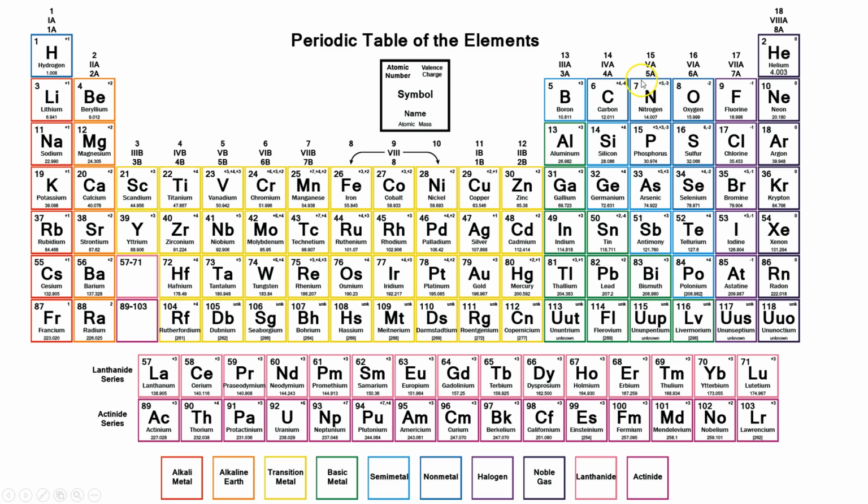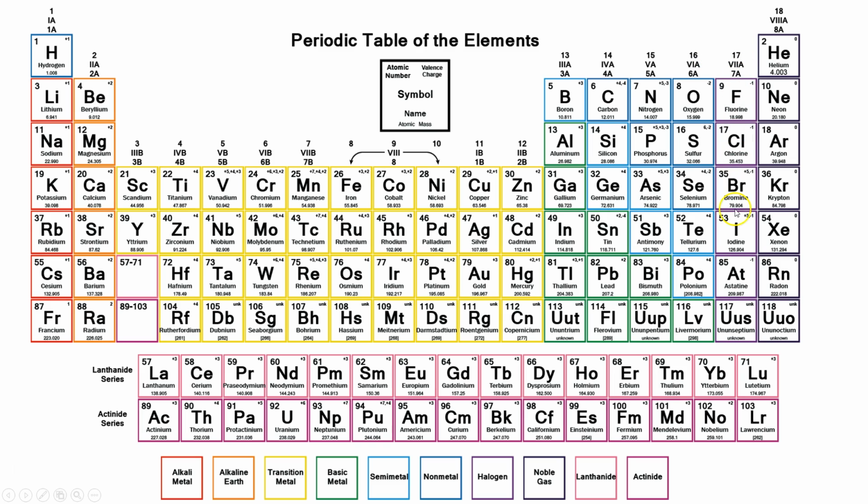Now these ones here usually have a charge of -3. Group 16 has a charge of -2, because they need to gain 2 electrons to have a full octet.